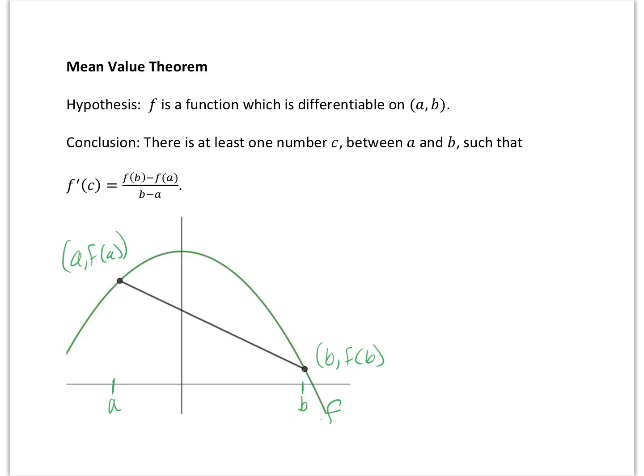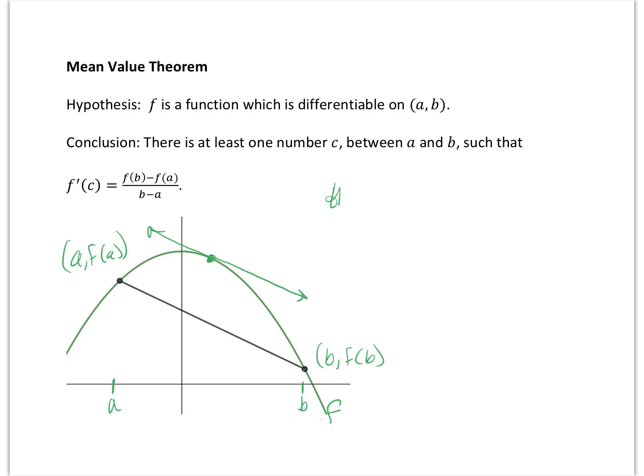So when I do f of b minus f of a over b minus a, it's calculating the slope of this secant line. So what the theorem guarantees is there's some point in between a and b so that the tangent line is parallel to the secant line. So maybe right here, if I draw a tangent line, it looks like it's parallel to the secant line.